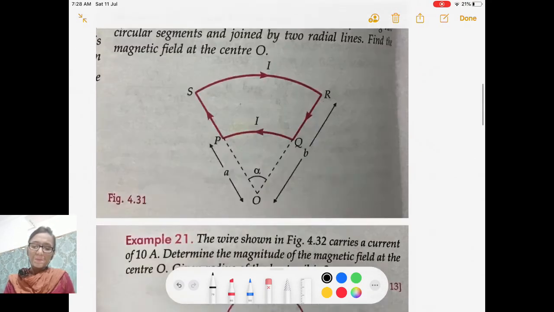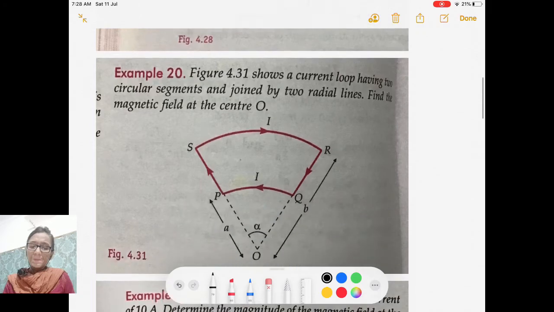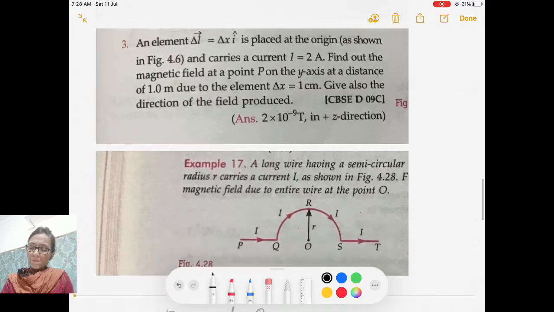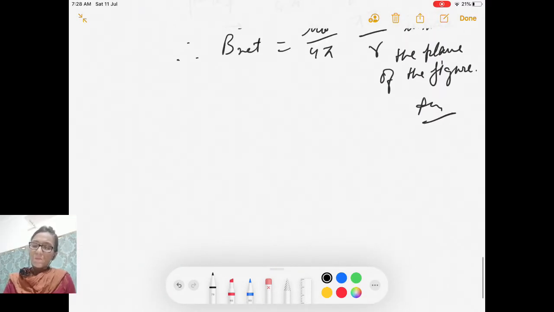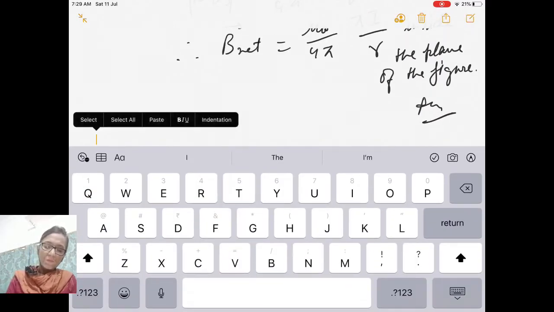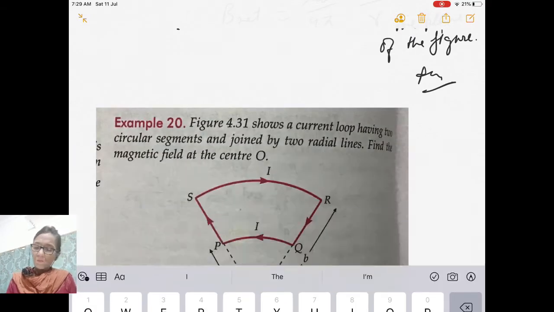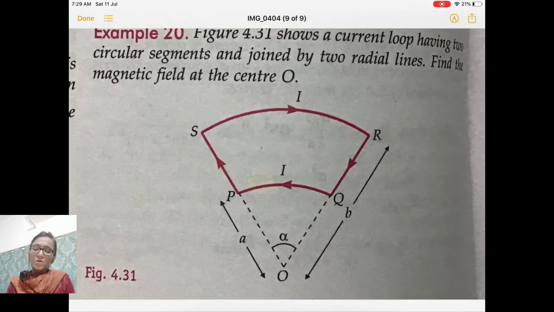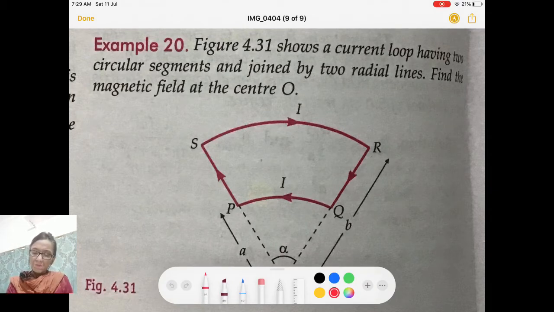Now next question. The figure shows a current loop having two circular segments, this one and this one, joined by two radial lines.